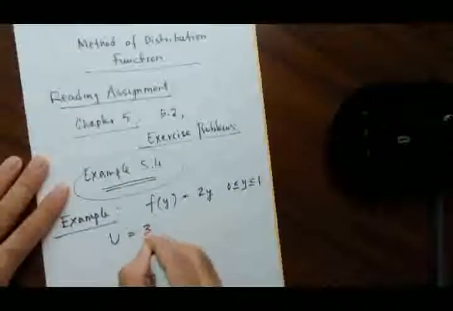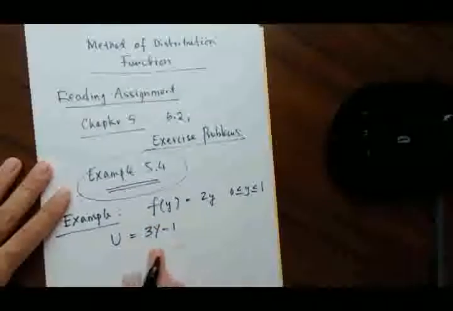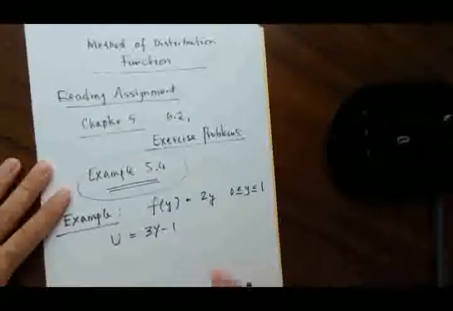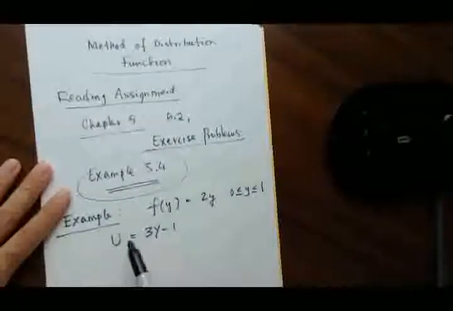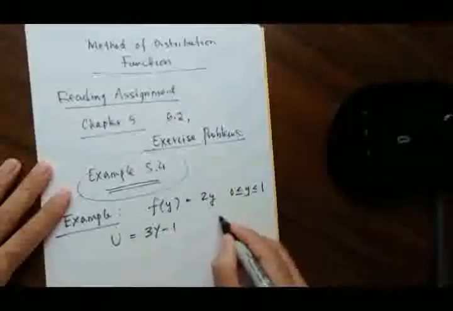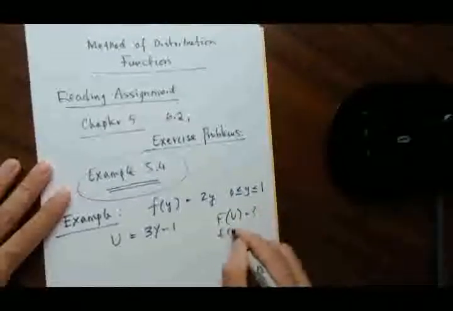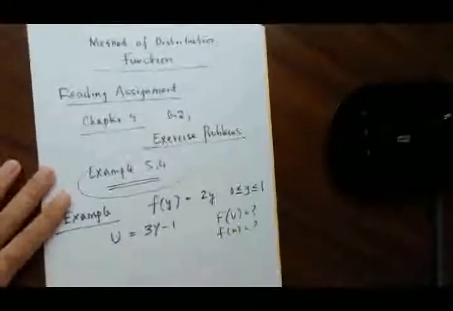I'm defining U as a random variable, which is 3Y minus 1. So the question is, what would be the distribution function of U? I'm trying to figure out the distribution function of U and the density function of U. That's my question.